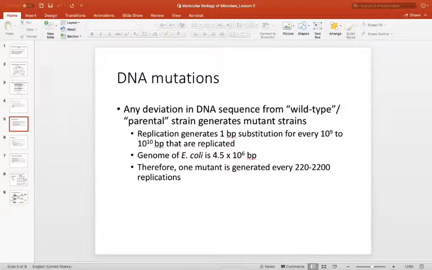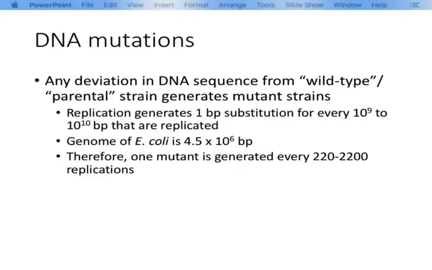That means in the human genome, it's making a mistake maybe 6 times per replication, but most of these mistakes get corrected by additional repair mechanisms that we're not going to have time to talk about. In the bacterial genome, it makes a mistake maybe once every 200 to 2,000 generations. So within a culture, you can get maybe 10, 12 different genetic variants within a test tube growing the cells overnight.